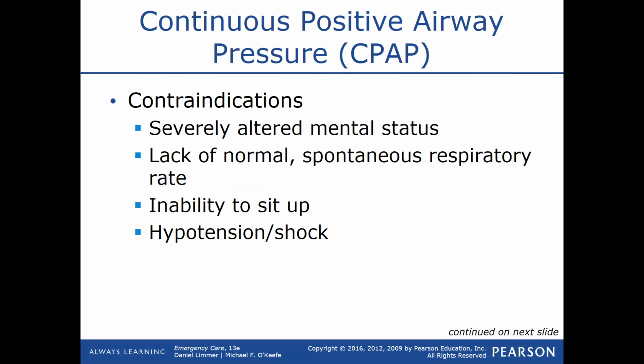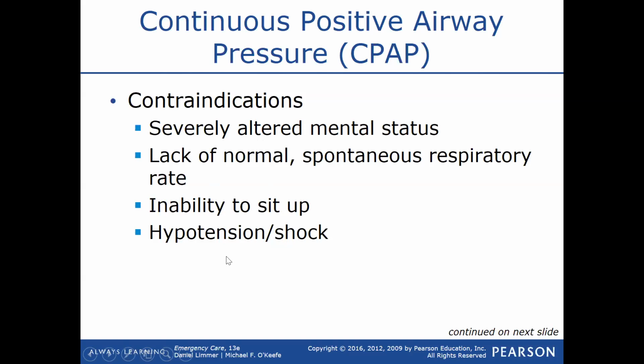So here's some contraindications. Again, contraindications are reasons why you would not want to use a CPAP. Again, severely mentally altered, because they need to be breathing on their own and they need to be breathing normally. So lack of normal spontaneous respiration. Inability to sit up, hypotension, shock.